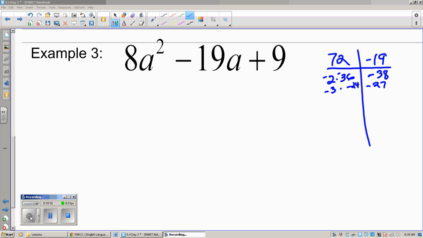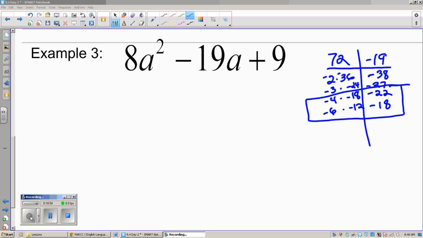And then I've got negative 4 times negative 18, and that is going to be negative 22. So I'm getting closer. Let's see, what's the next number? Does 6 go into 72? Yeah. So it's 6 times 12, so negative 6 times negative 12, and that would be negative 18. Right there, that's where I know I can stop.